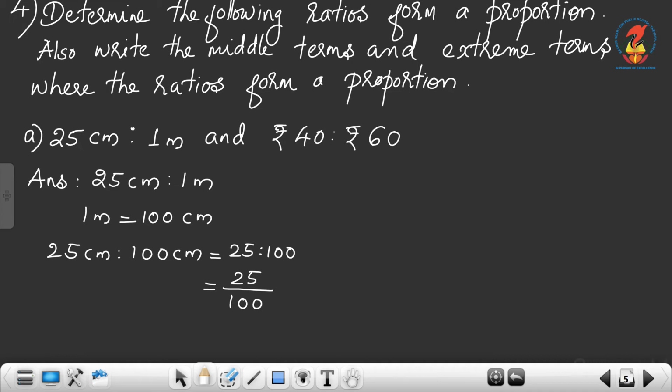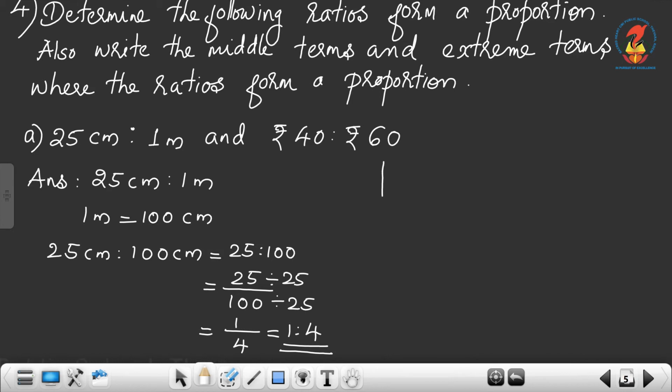For 25 and 100, which is the highest common factor? 25. So, divide both numerator and denominator by 25, then it is equal to 1 by 4. 1 by 4 we can write as 1 is to 4. So, the ratio is 1 is to 4.